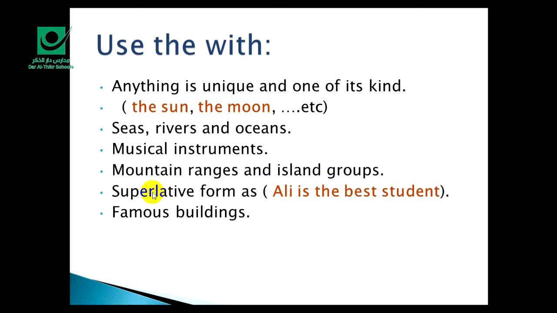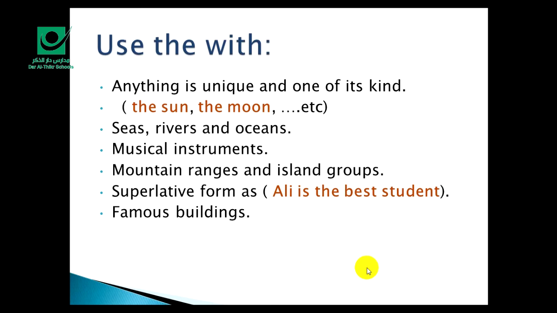Number five, we use the with the superlative form. For example, Ali is the best student, or Muhammad is the shortest boy in our class. Number six, we use it with famous buildings. For example, the Khalifa Tower is the tallest building in the world.